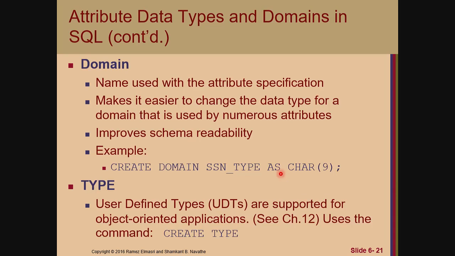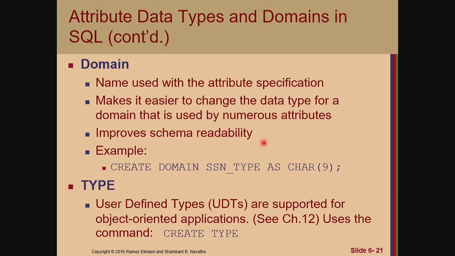What else? Domain. You can set up your domain, specify your domain. Domain is a name used with attribute specification. It makes it easier to change data types for a domain that is used by numerous attributes, and improves schema readability.